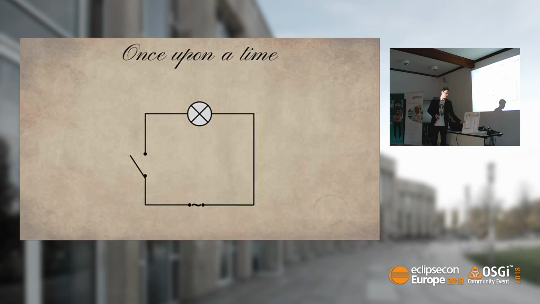I can't get it to turn half on. Feel free to come up later and try this out. Ah, come on. It worked so well when I rehearsed this. Okay, I'll stop it. But you can actually turn light bulbs half on if you get the right switch position.